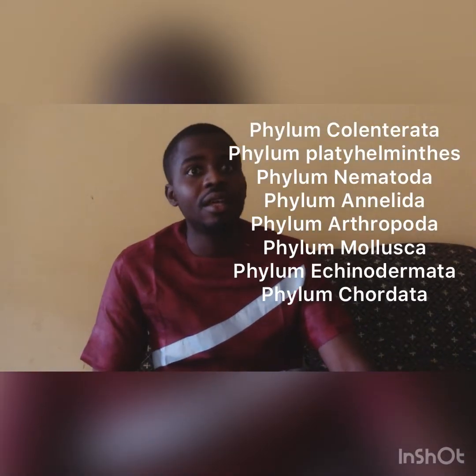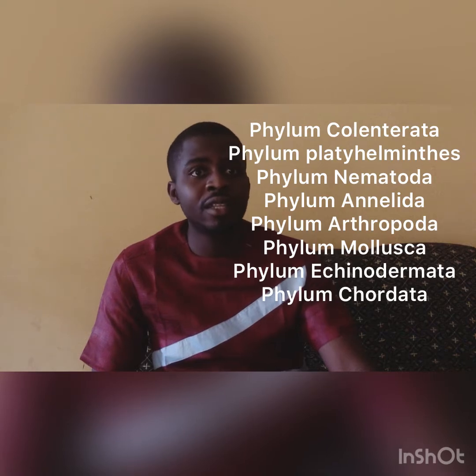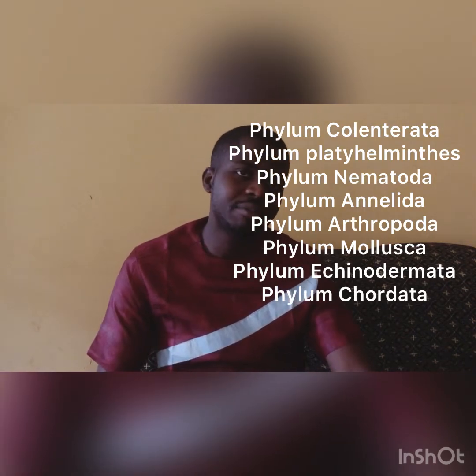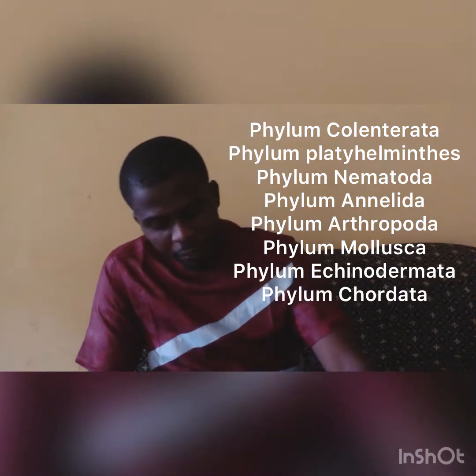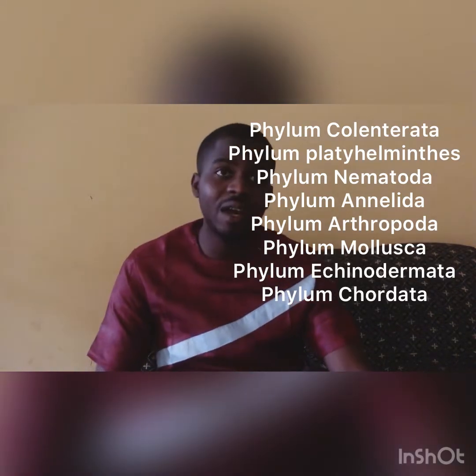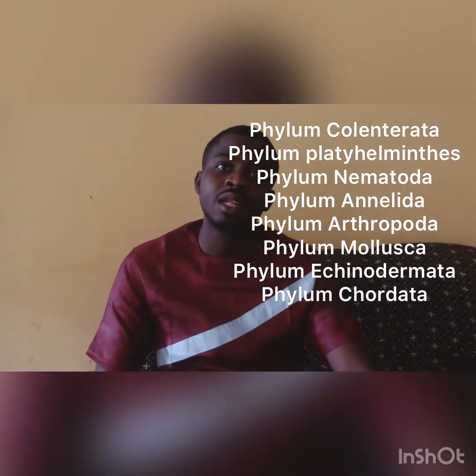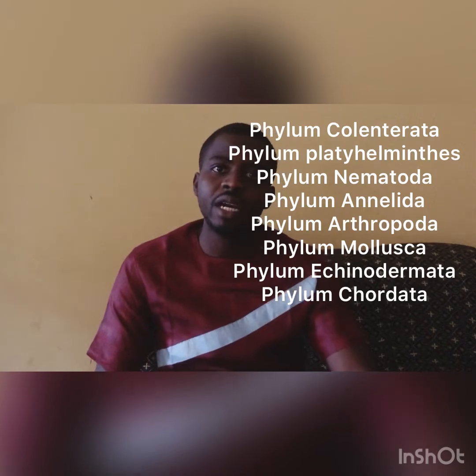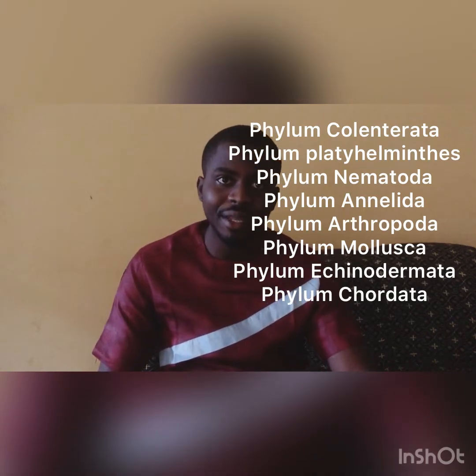There are 8 phyla. The first phylum that we have is the phylum Coelenterata. After the phylum Coelenterata, we have the phylum Platyhelminthes. After the phylum Platyhelminthes, we have the phylum Nematoda. After the phylum Nematoda, we have the phylum Annelida.